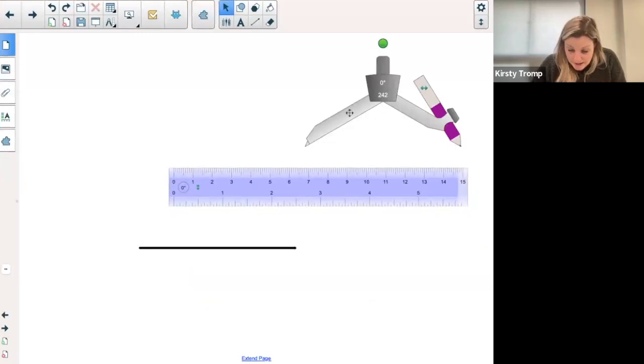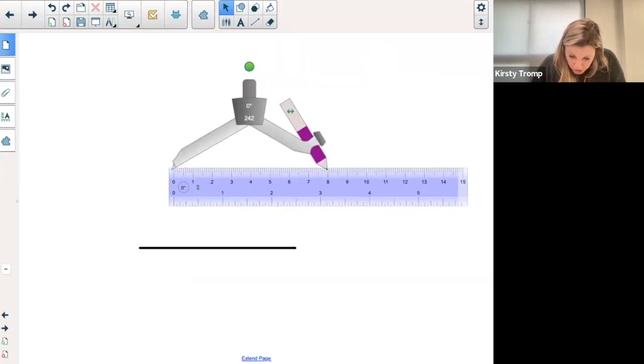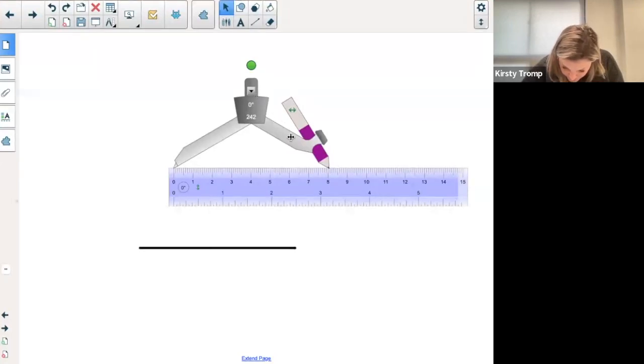I'm going to move him out of my way for now. I'm going to take my compass. I'm going to put the little tip of it on 0. And I'm going to stretch out the arm until the arm is sitting at 8. Okay, so there's my compass.